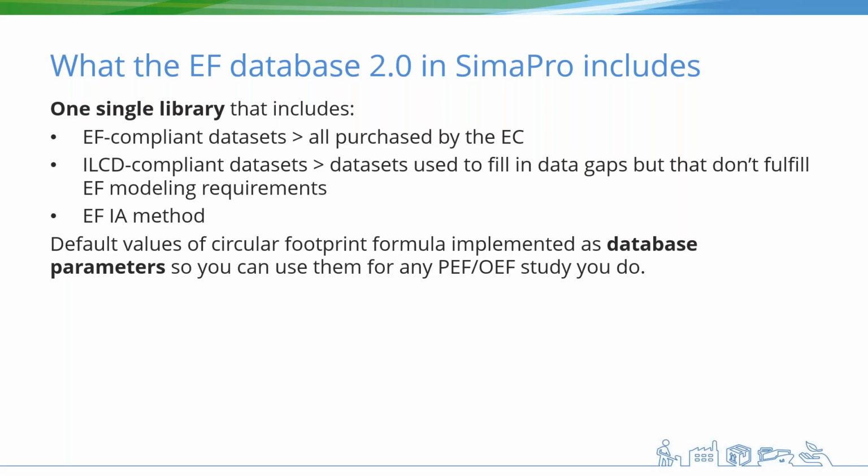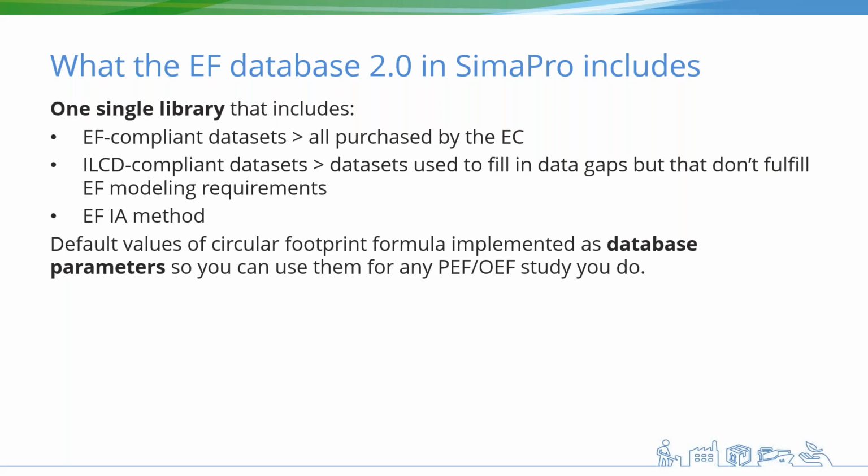And then we also include in that library the EF impact assessment method, also version 2.0, the same version as the one to be used with any of these PEFCRs and OEFSRs. Apart from that, we have also included as database parameters the default values of the circular footprint formula.